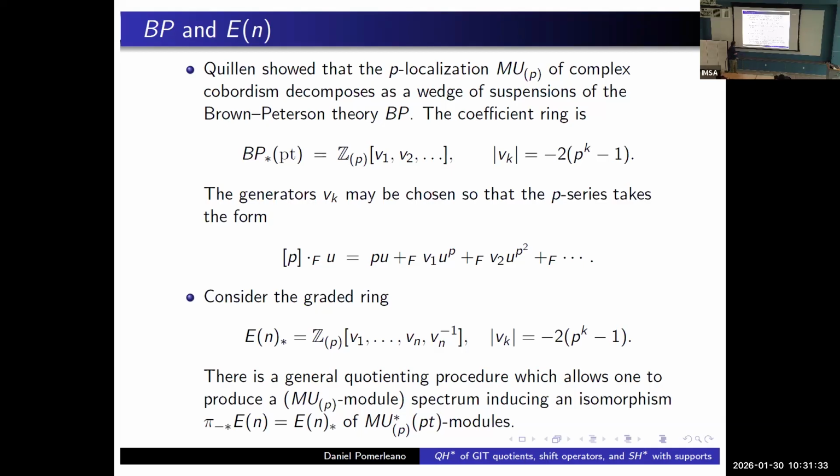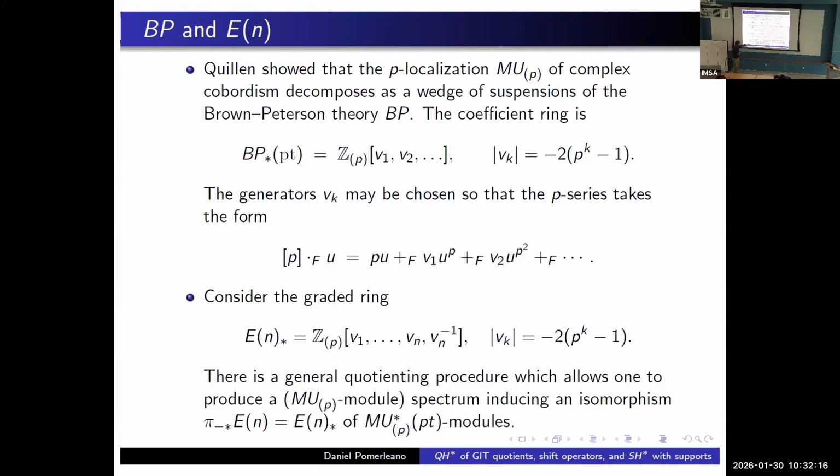Then this has infinitely many generators, but you can localize and you can quotient out. Just from this knowledge of the coefficient ring, there's a general theorem called the Landweber exact functor theorem. We have an obvious map from this to this, and the theorem says you can form a spectrum whose coefficients are exactly this. It's a very powerful result.